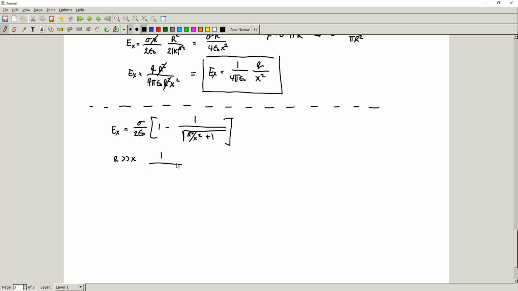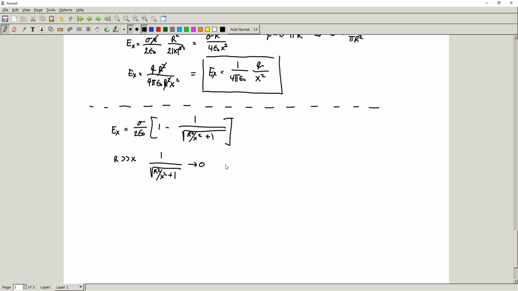If we do that, we can see that the term that goes like this is going to end up going to 0, because we're going to end up with a very large r here, so this plus 1 won't matter. We're going to square it and take the square root of it, so we're dividing 1 by some very large number. Basically, this gives us no contribution at all. So it's just this 1 that's going to dominate.